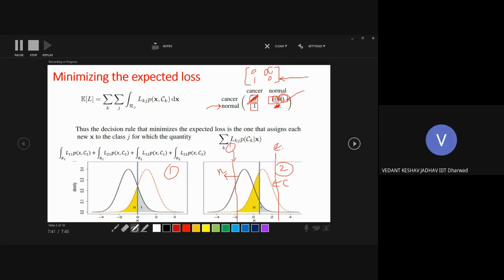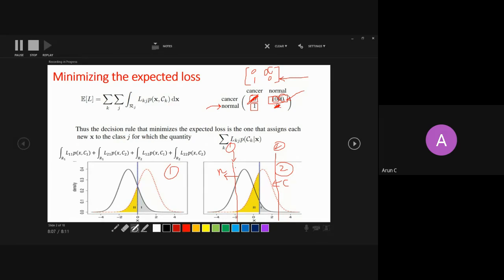The intuition I'm trying to convey is that the decision boundary will shift towards the region where it will accept no errors at all. For one class, every normal can be classified as cancerous, but cancerous cannot be classified as normal.